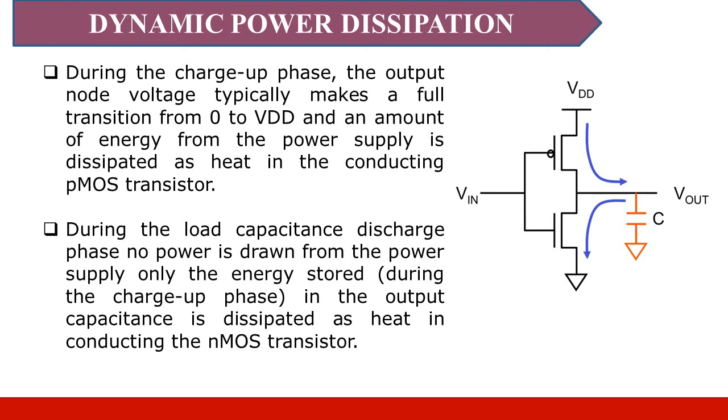It means whatever charge was previously stored on this capacitor is slowly going to be discharged. And in this case, no power is drawn from the power supply because this PMOS is off, so there is no connection between the power supply and the output voltage. So this is how the dynamic power dissipation is divided into two phases.